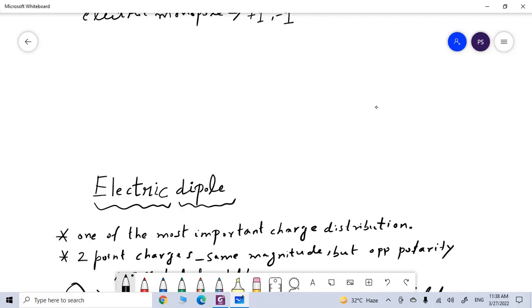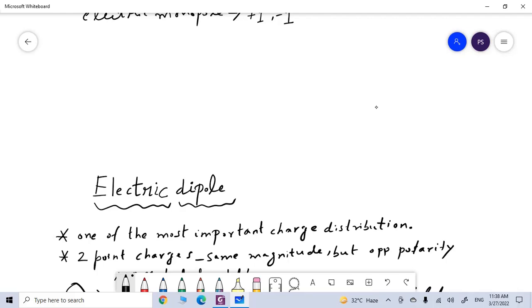Because many molecules that occur naturally have this dipole structure. For instance, the water molecule is endowed with a dipole structure, and molecular modeling becomes that much easier when you start appreciating the electric dipole.